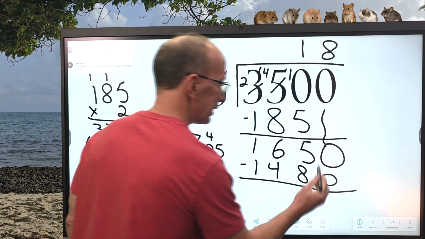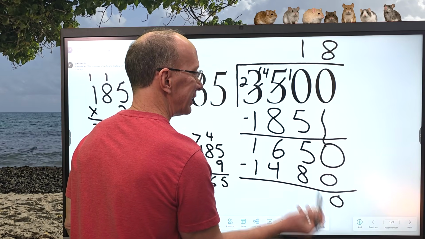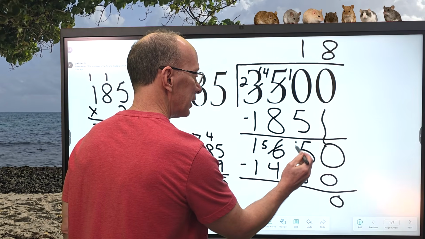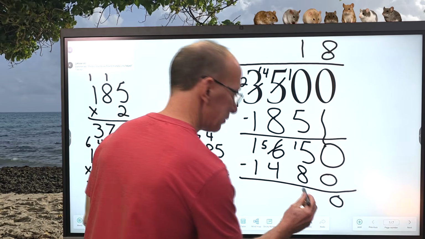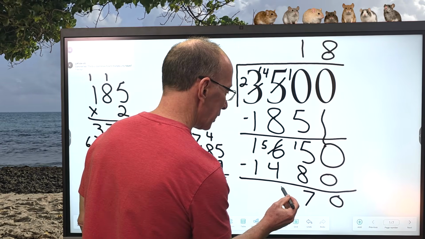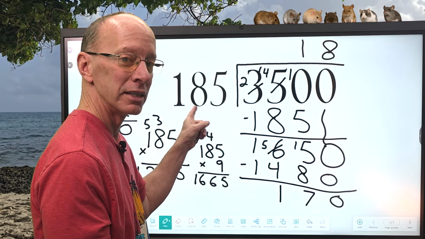All right, let's go ahead and subtract. 0 minus 0 is 0. 5 minus 8, need to borrow. So I need to borrow 1 from the 6. This would turn into a 5. This turns into 15. 15 minus 8, 7, sent from heaven. And 5 minus 4 is 1. Is this number smaller than this number here?